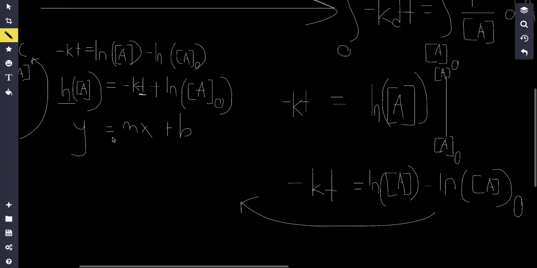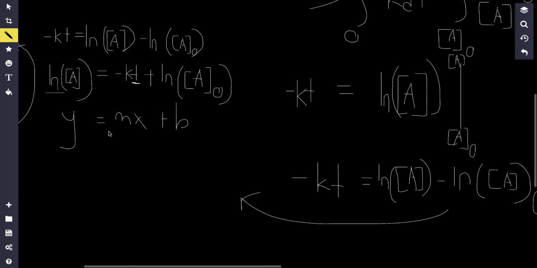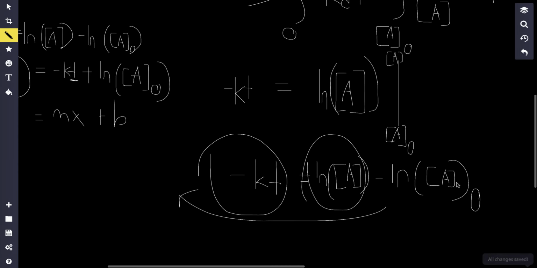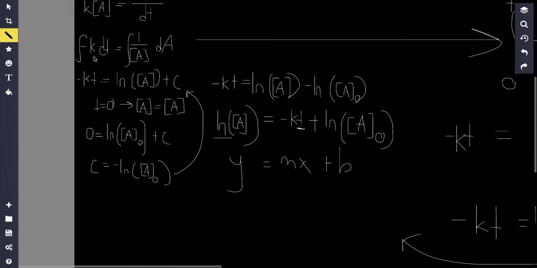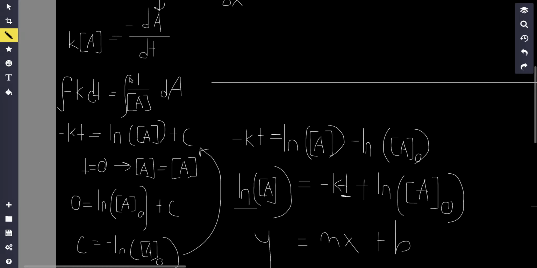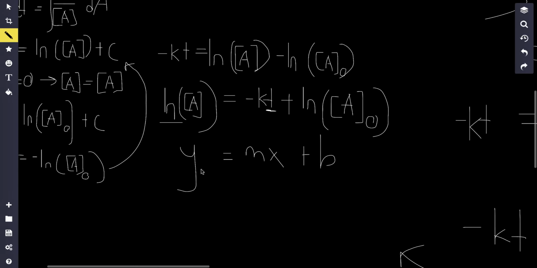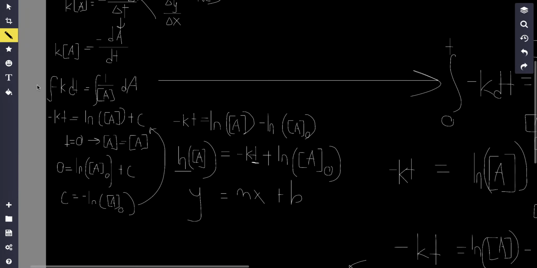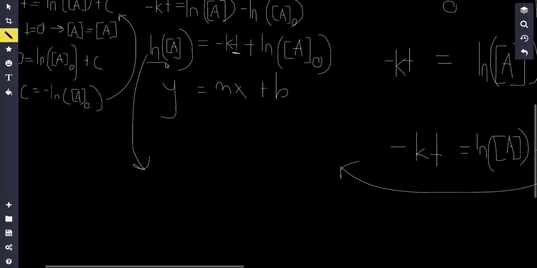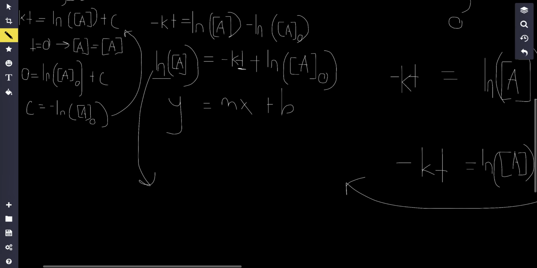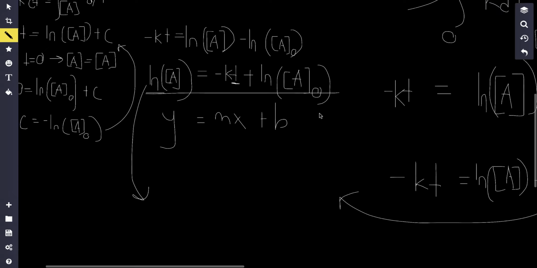ln of A is going to be equal to negative kt plus ln of the initial concentration. So there are two ways that you are able to do this. There is also another form for writing out the first order integrated rate law.